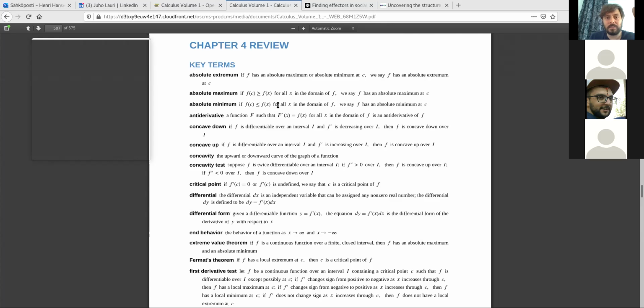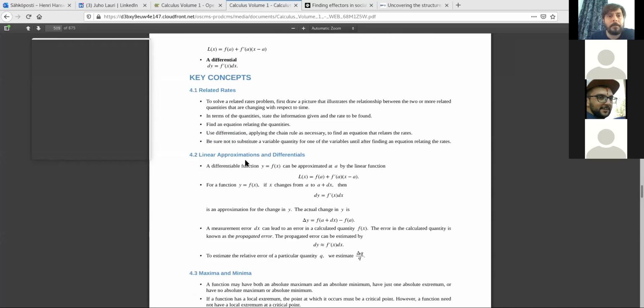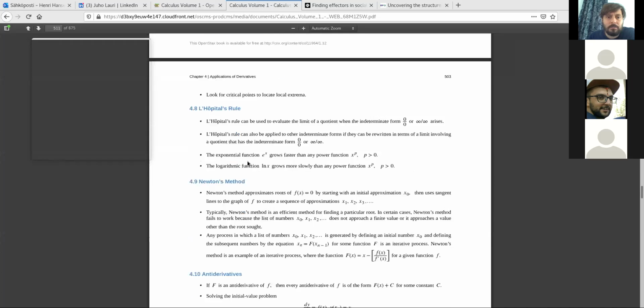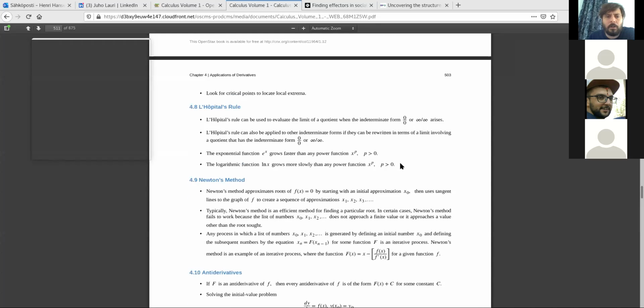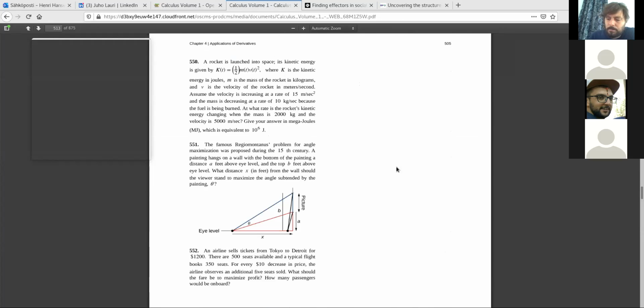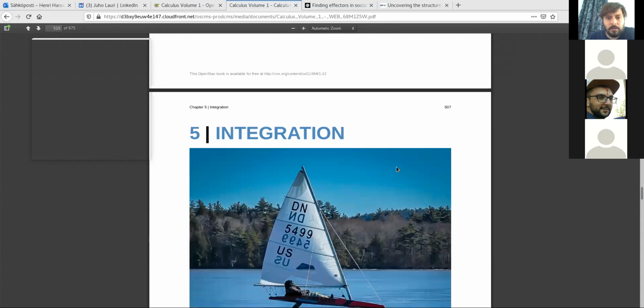See that chapter 4 doesn't have many key terms that we've covered, because we only covered this antiderivative part, so we don't have to worry about that. The chapter 4 material is not that much, and of course L'Hopital's rule was important as well. So I'm just going to skip these. We're going to go to exercises soon enough next week.